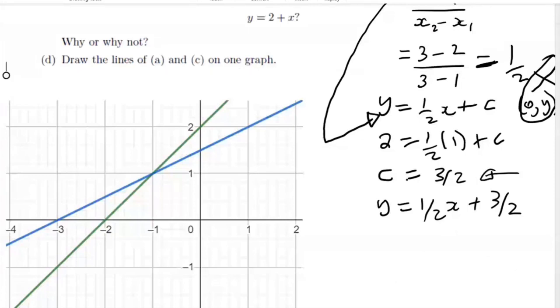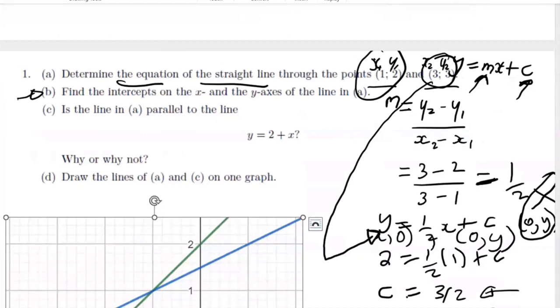You can do this one to answer number B. So for your y-intercept, it's going to be 3 over 2.